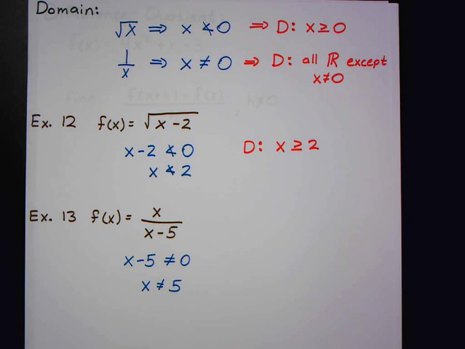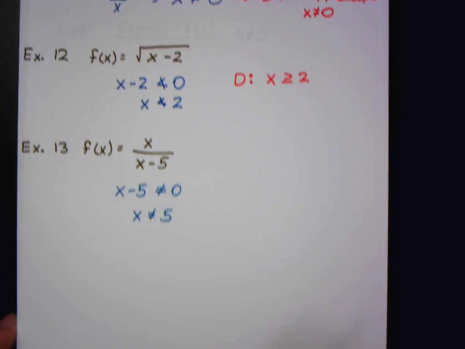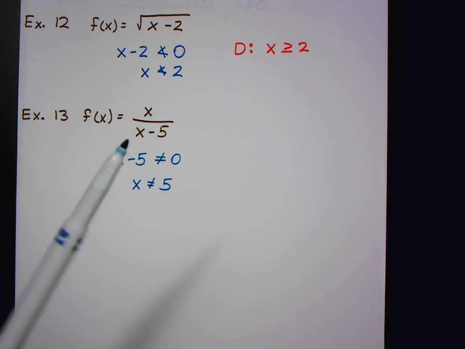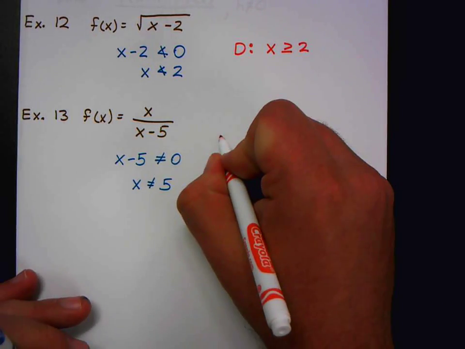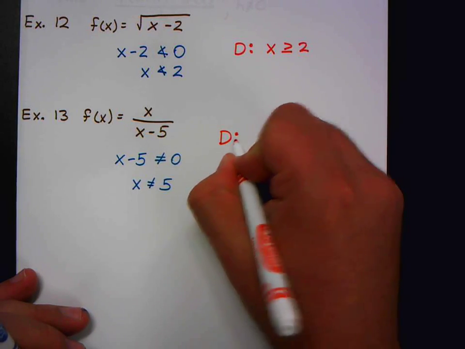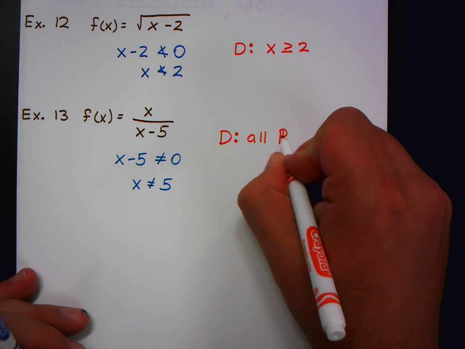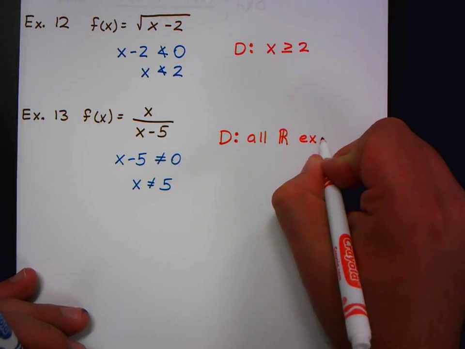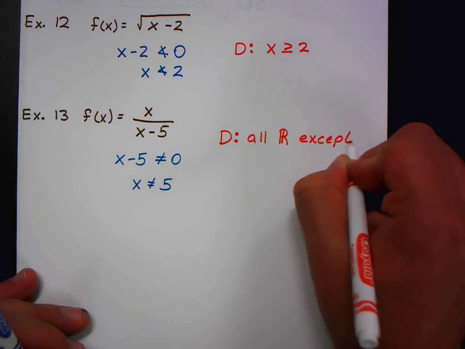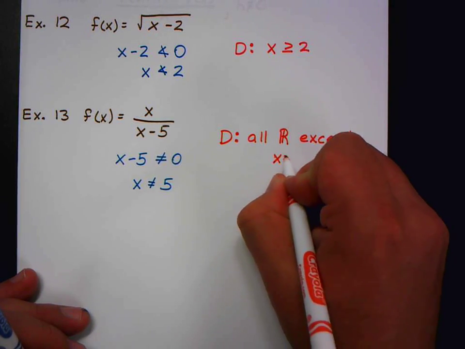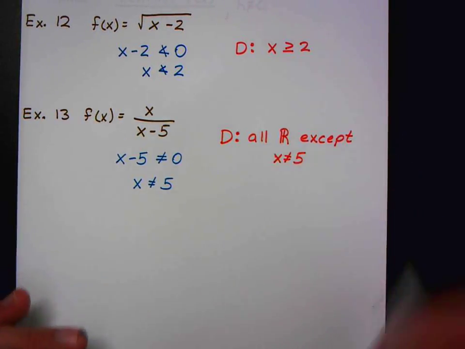They're not all going to be easy ones. So my domain is all real numbers except x cannot equal 5.